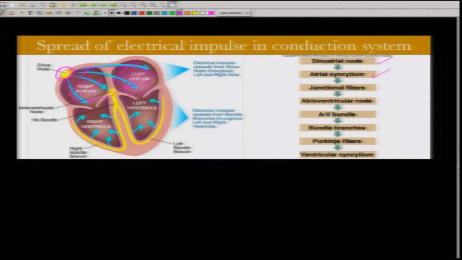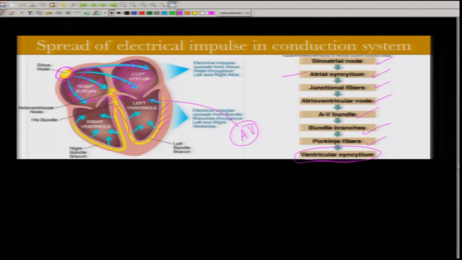Then it moves to the junctional fibers which are here. Then it moves to the atrioventricular node, or AV node. From there it moves to the AV bundles. Then it moves to the bundle branches where the branching takes place. Then it moves to the Purkinje fibers and that spreads out into the ventricular syncytium.